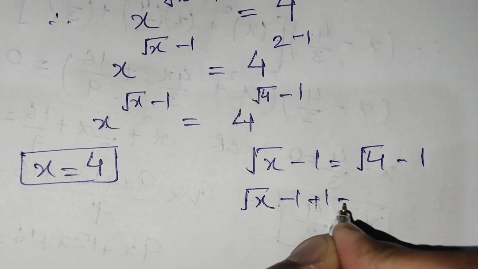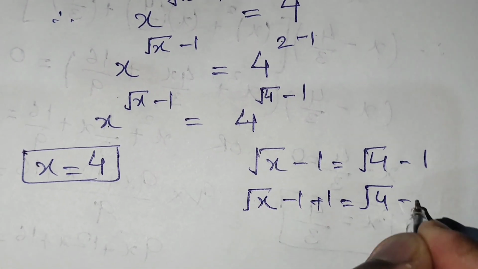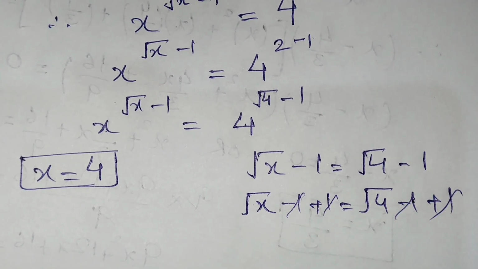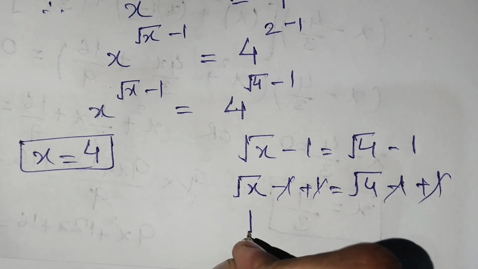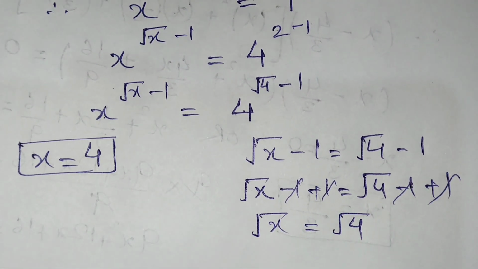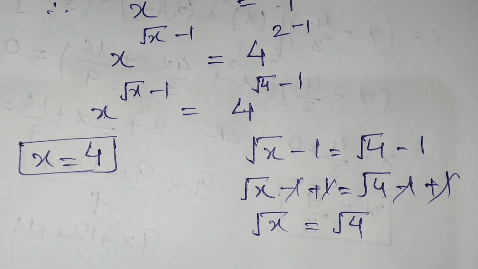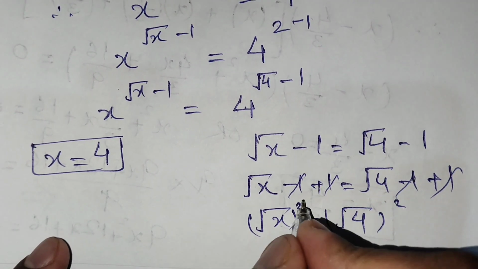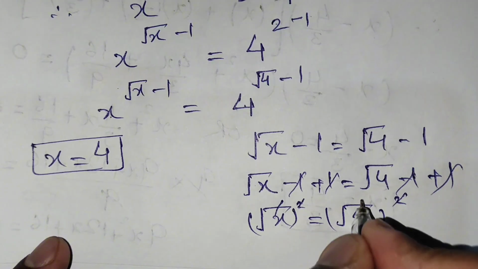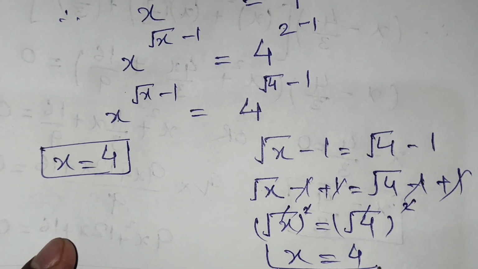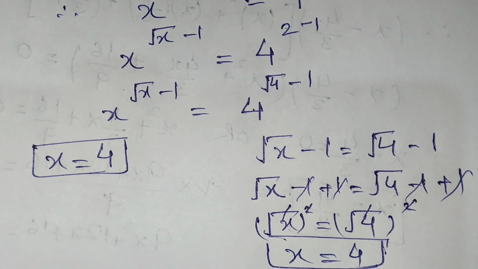Minus 1 plus 1 cancel, we have square root of x is equal to square root of 4. Now we will take the square on both sides of the equation. The square cancels the square root. We get the same value of x as in the first case, that is x equals 4.